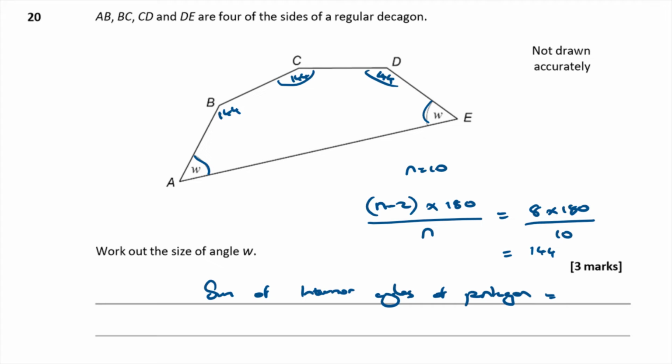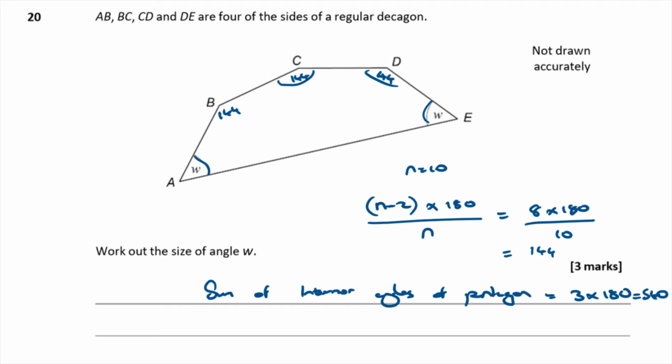It's n minus 2, but this time it's a 5-sided shape, so it'd be 3 times 180. I want the total angle, so I'm not going to divide by 5 this time. So the 3 lots of 180 is 540, so the 5 angles added together are going to be 540.